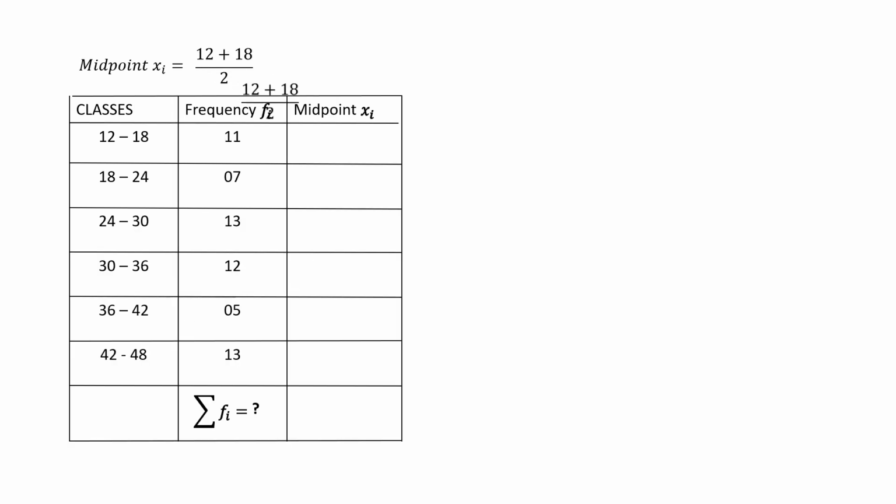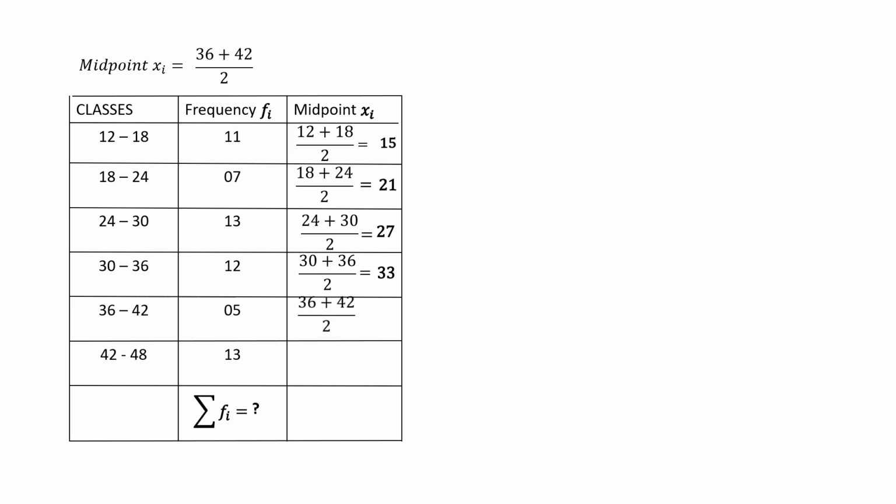For the first class, the midpoint is 12 plus 18 divided by 2 equals 15. The second class, 18 plus 24 divided by 2 equals 21. The third class, 24 plus 30 divided by 2 is equal to 27. The fourth class is 30 plus 36 divided by 2, equal to 33.